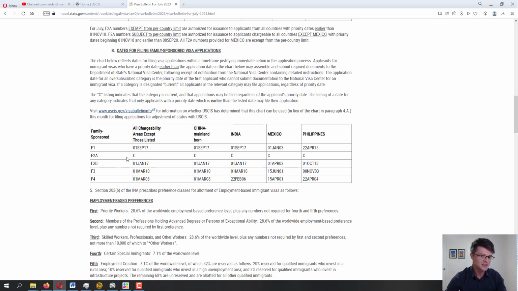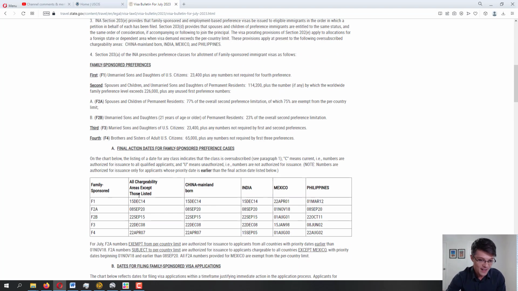For everybody else, for F1 for example, if people filed back in September 2017, their priority date back in September 2017, as of right now, July 2023, the portal for the NVC is fully opening up for them to become documentarily qualified.